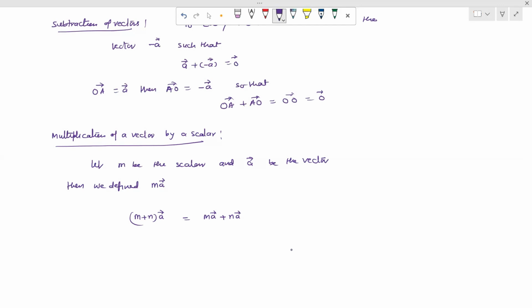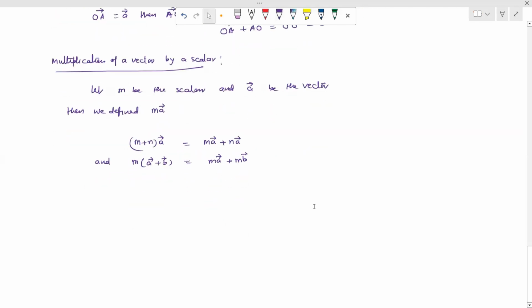And suppose we have two vectors and one scalar, vector A plus vector B. This can be written as m into vector A plus m into vector B. So this is the multiplication of vectors by a scalar.